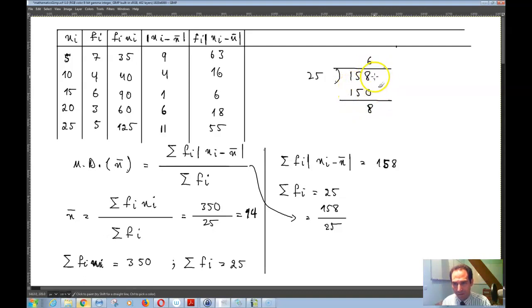Then you have a decimal point, 80, and 3 times 25 is equal to 75, with a remainder of 5, and then 50, so 2 times 25 is equal to 50. So that's 6.32, which I believe is the right answer. 6.32 is the right answer.